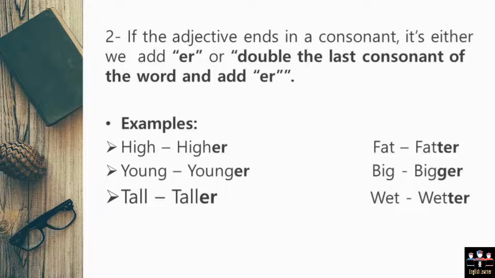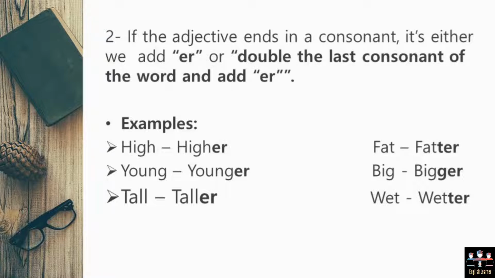Let's go for its examples. High, higher. You will notice in the word high that it ends in a consonant, meaning H is a consonant. So we simply add ER. Next is young, younger. Tall, taller.